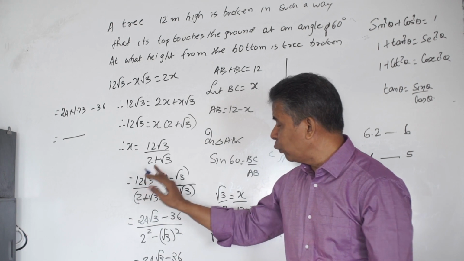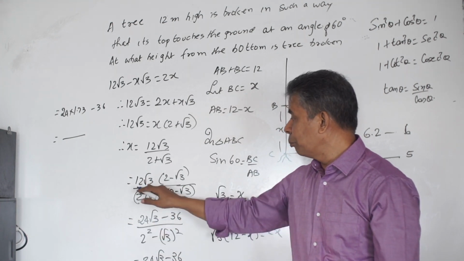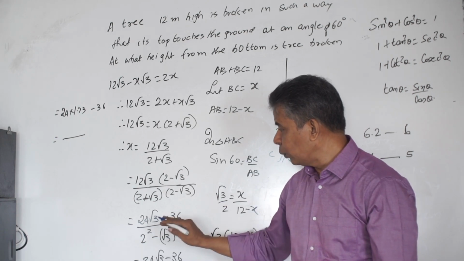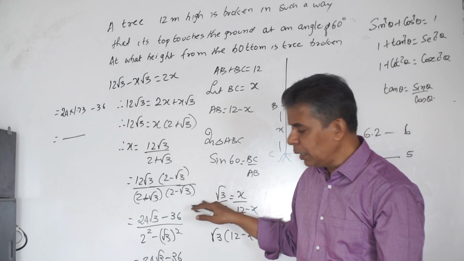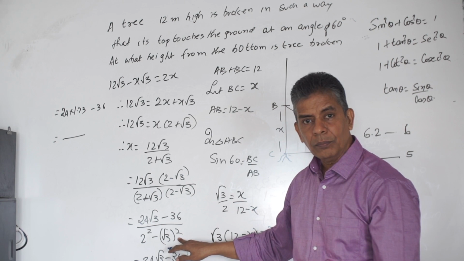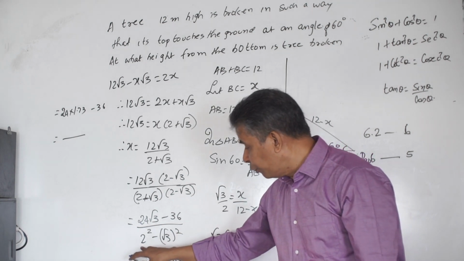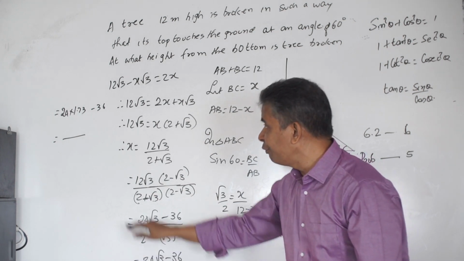Now look here, then open the bracket. 12 into 2, 24 root 3 minus 36. How did this happen? A plus B, A minus B, A square: 2 square minus root 3 square. Then 4 minus 3, this is 1, and finally we substituted the value of 24 root 3.